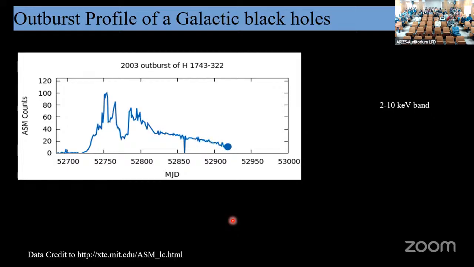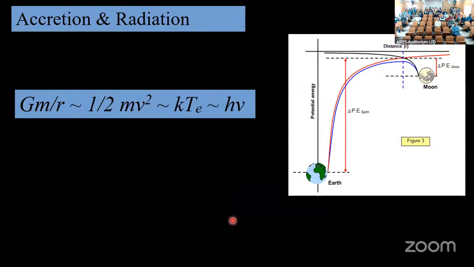Now, this particular black hole went into several outbursts. So we will try to understand how these black holes are generating these photons. The very basic idea of generating photons comes from this particular equation.